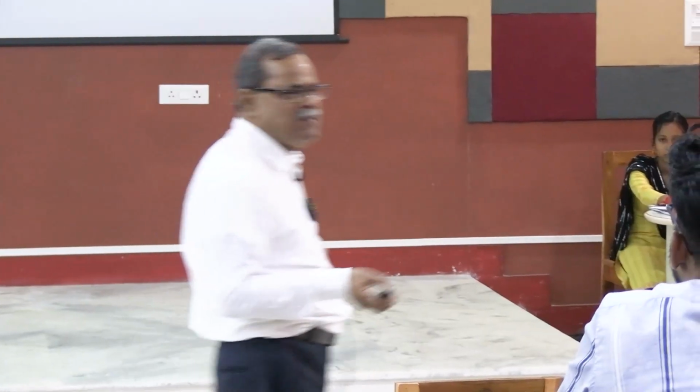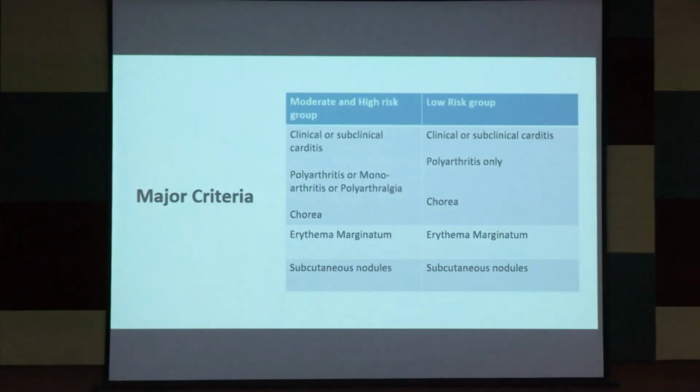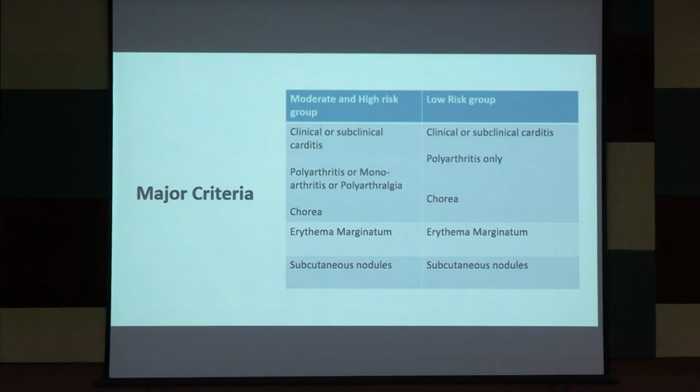The major Jones criteria are applicable in all these cases, but even if a patient has only carditis, with no other features of rheumatic fever, if you get a previous history of streptococcal infection, like an increased ASO titer or anti-DNase B titer, you should stamp it as acute rheumatic fever.